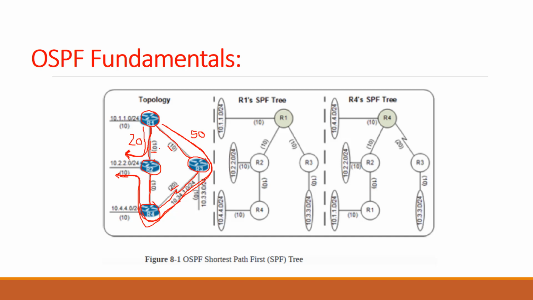OSPF, or Dijkstra's shortest path first, will choose this shortest path with the lowest cost, or the lowest cumulative metric.